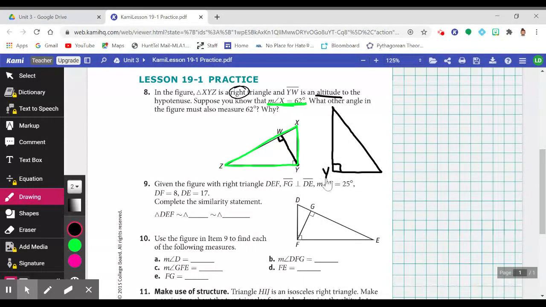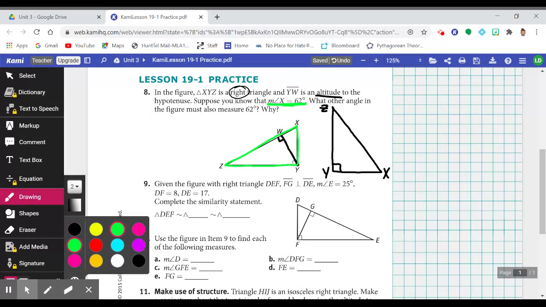So that'll be Y. ZY is our longest leg of the right triangle, so we'll put Z up here. Therefore, this will be X. They've already told us that X is 62 degrees, so let's add that in right here next to our angle X.